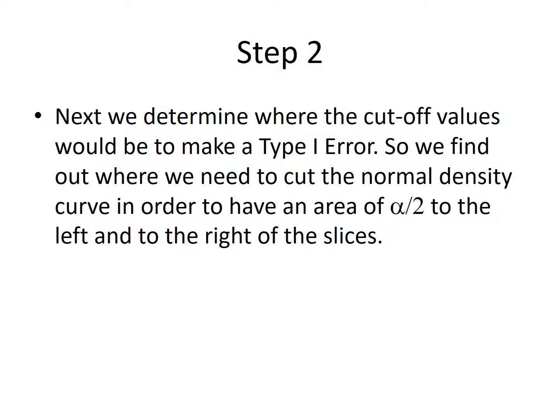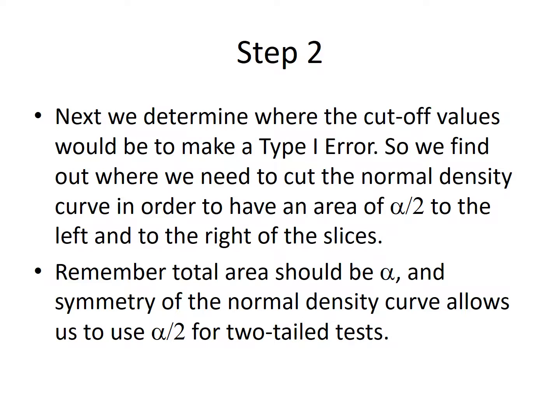Step 2 again, we determine where the cutoff values would be in order to make a type 1 error. So we find out where we need to cut the normal density curve in order to have an area of alpha over 2 to the left and to the right of these slices. Remember, the total area should be alpha, and symmetry of the normal density curve allows us to use alpha over 2 for a two-tailed test.